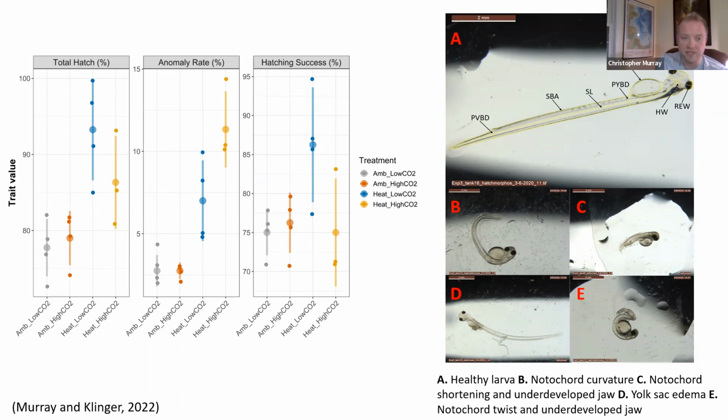But what we found using this heat wave approach was actually a positive effect in hatching, which was completely opposite of what we hypothesized. And this is probably because embryos actually increase their thermal plasticity as they develop. We'll talk about this in a little bit, but it was a really interesting finding.